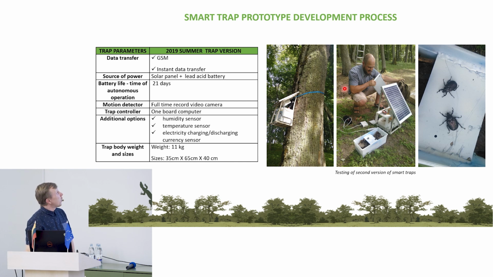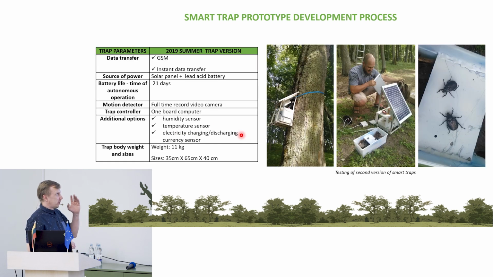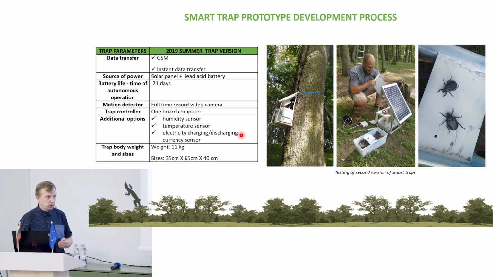The next trap worked on the GSM network and had an onboard computer. I think it's a Raspberry, with a full-time recording video camera. In this case, we have a light interruption detector. You can see another solution here.